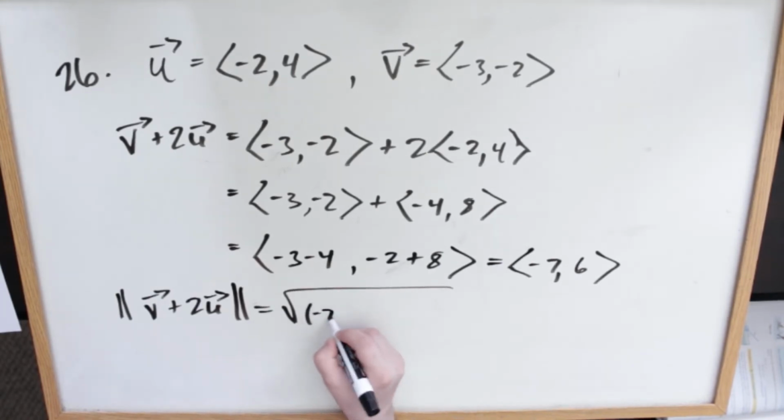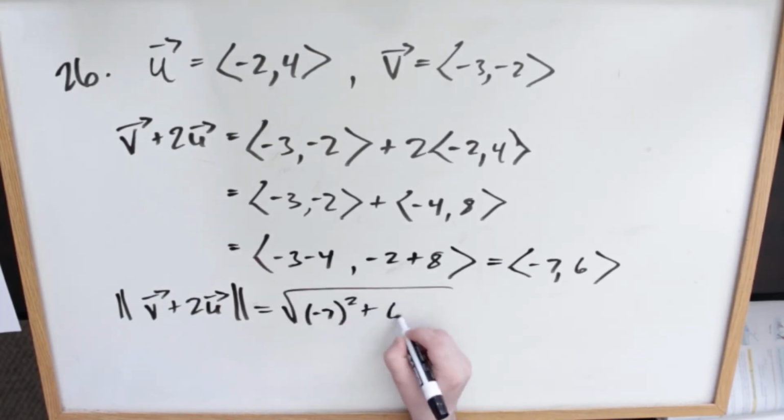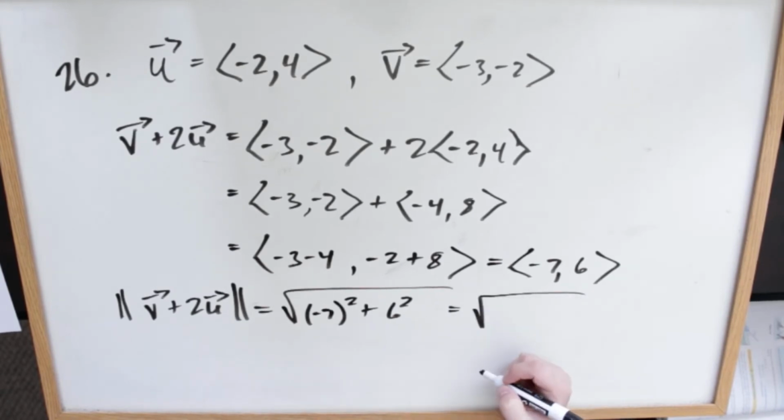So minus 7 squared plus 6 squared is equal to square root of, this is going to be 85. Okay? And that's our final answer. You can simplify that if you want. Actually take the square root of 85 and put it as a decimal. I don't really care. It's completely fine for me. So that's question 26.